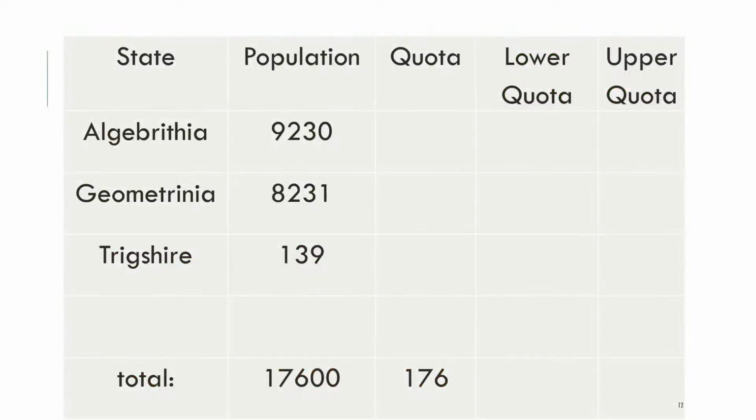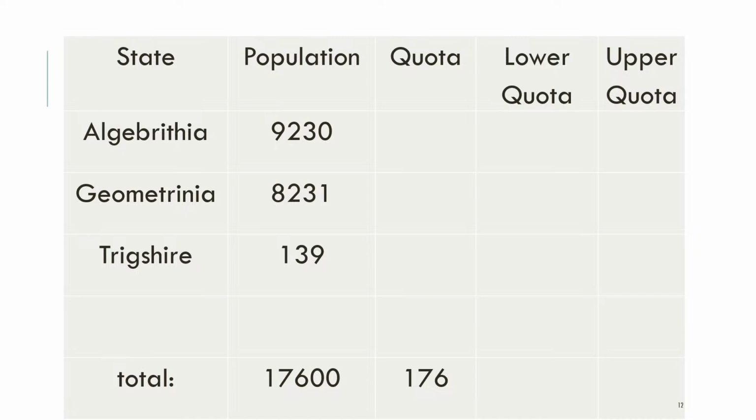So here's the situation. This is a House of Representatives. We have Algebrithia. This is the country that has 3 states: Algebrithia, Geometrina, and Trigshire. For whatever reason, they've decided that for 3 states, they need to have 176 people in their House of Representatives.